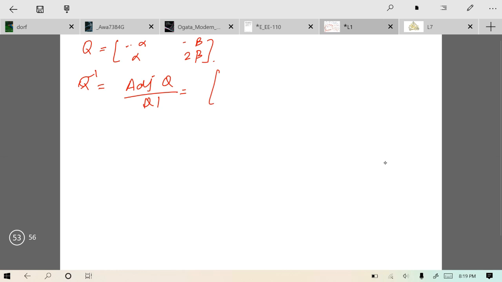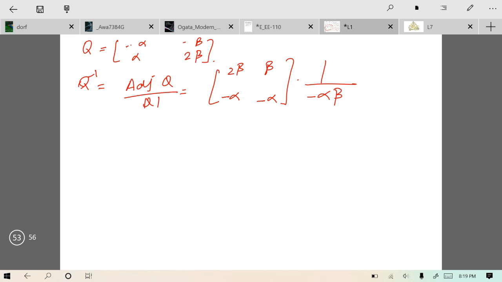So the adjoint of Q would be 2 beta, beta, minus alpha, minus alpha. What is the determinant? Minus 2 alpha beta plus alpha beta, which would be minus alpha beta. So this would be Q inverse.